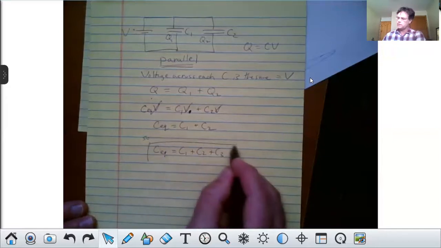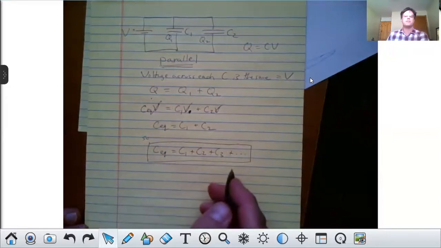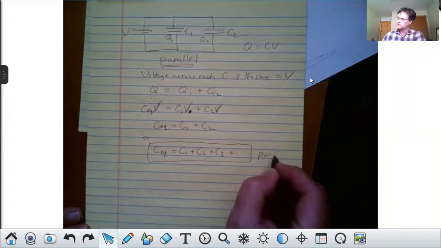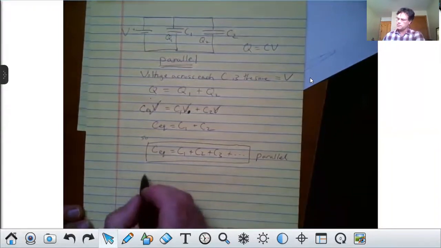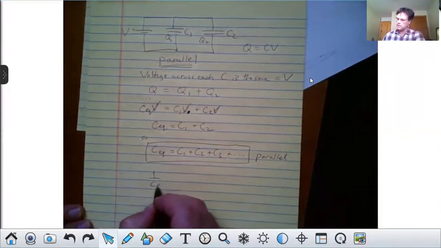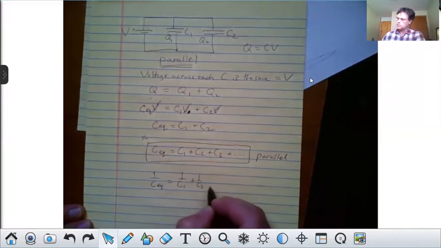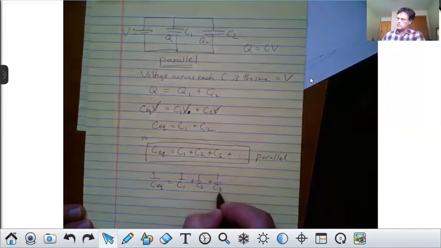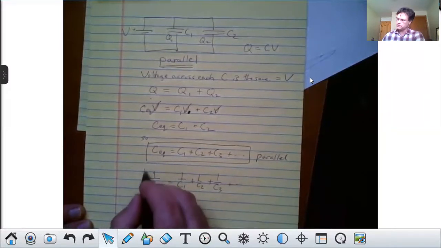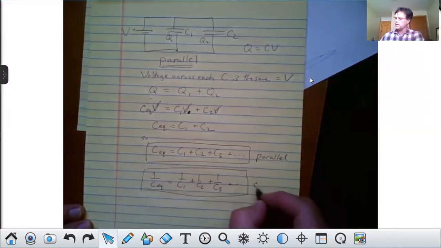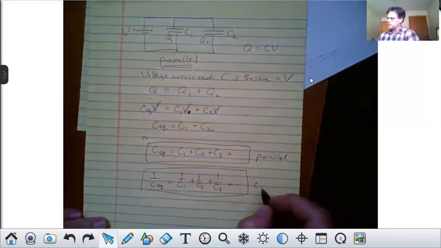So this is the formula for parallel. And just to remind you, previously we determined that for series, the inverses add. You can use both of these when you're doing problems combining and getting the equivalent capacitance of a circuit.